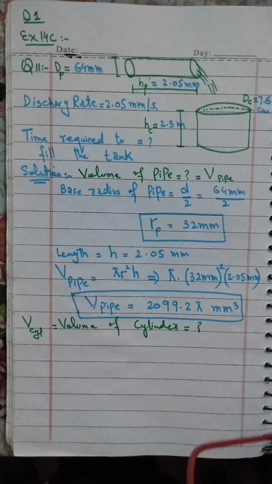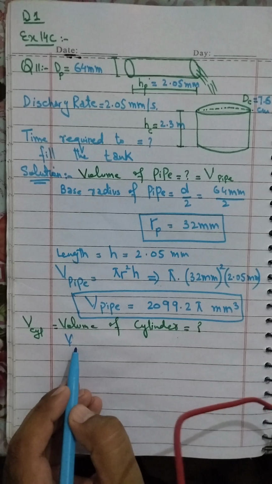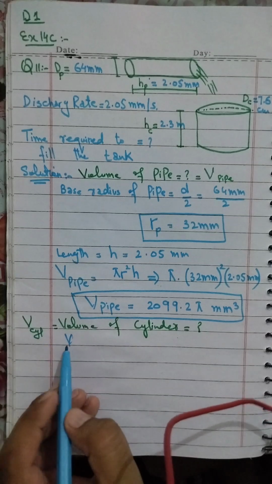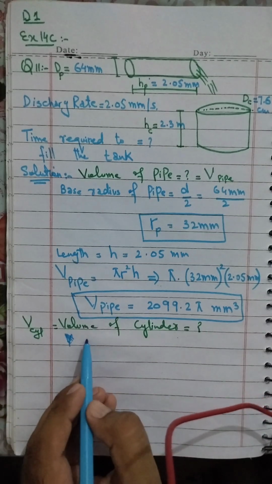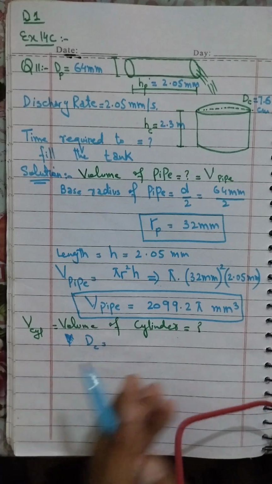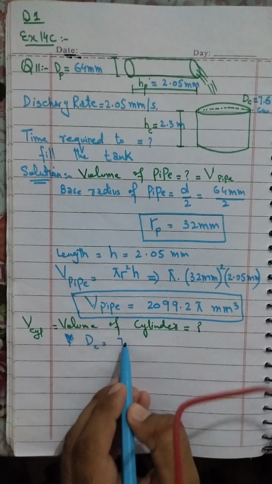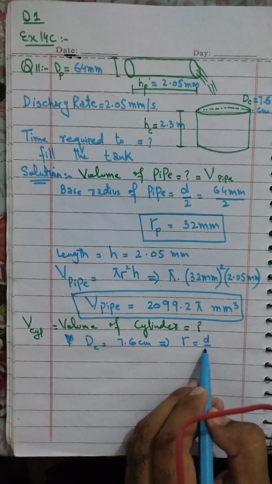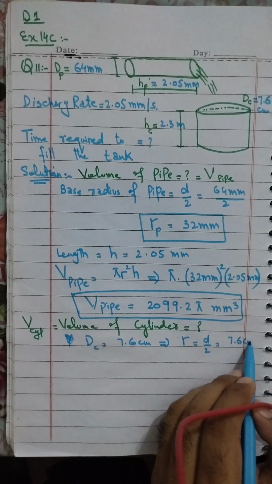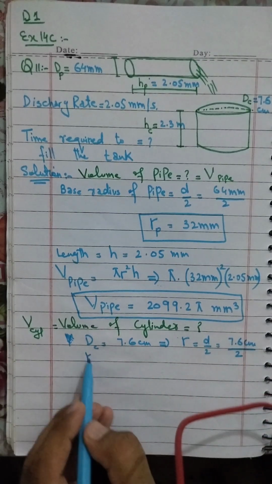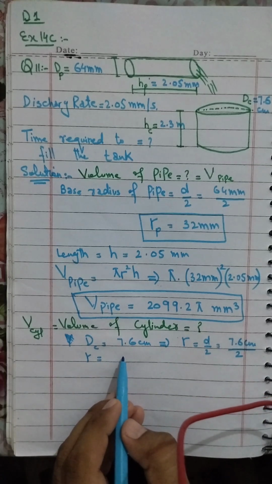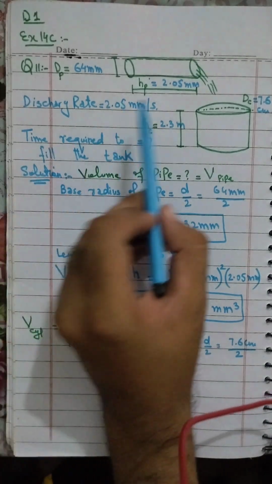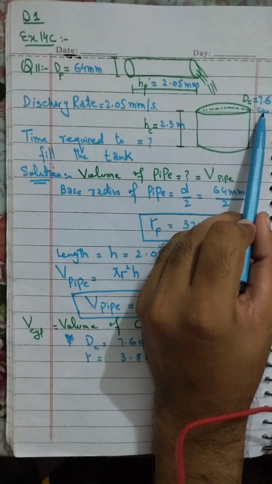Okay, so now easily we can calculate it, but for the cylinder, its diameter, D for diameter, C for cylinder, was 7.6 centimeter. Then the radius will be obviously D by 2. It will become 7.6 centimeter divided by 2. So radius will become 3.8 centimeter.